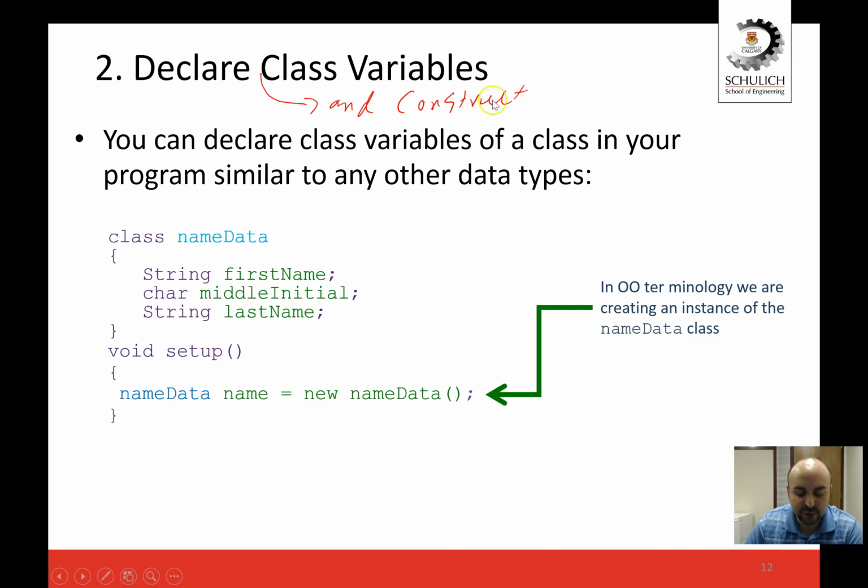But we declare a variable, so that's the new type. That's the new type that we have made up here. This is name or identifier of the object.